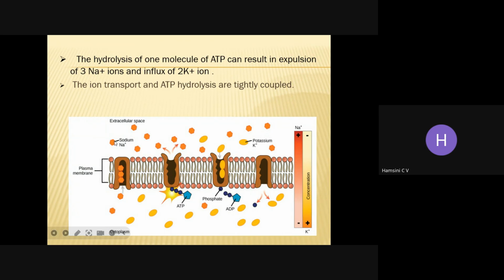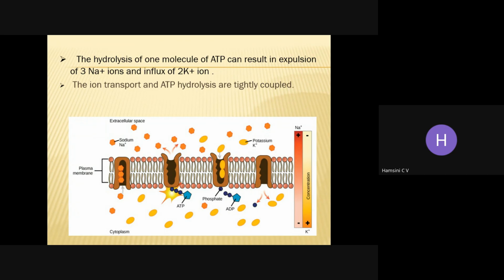Inside, it is low concentration, there are only 2 or 3. But outside it is high concentration. So the sodium is going to the outer surface. Extracellular space means outside, cytoplasm is inside. This is the plasma membrane boundary. Outside the cell, the sodium concentration is more; inside the cell, it is less.